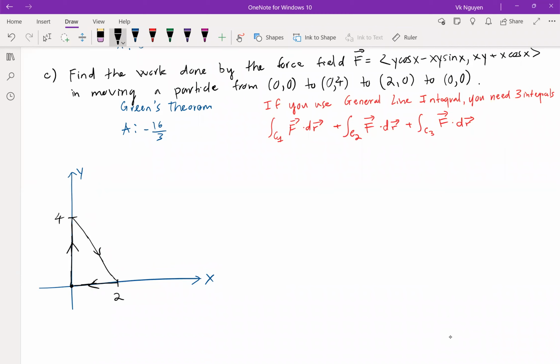As you can see, there's the curve C here. C is traversed clockwise.